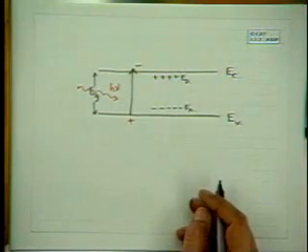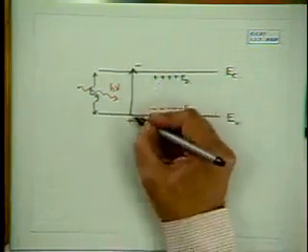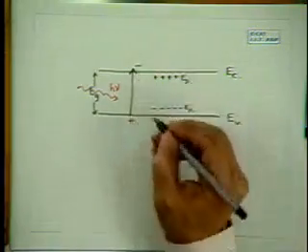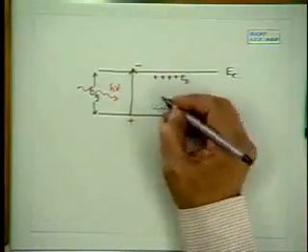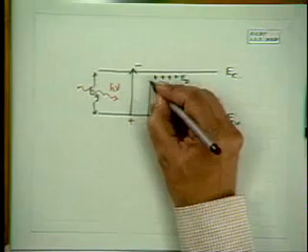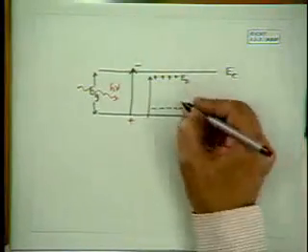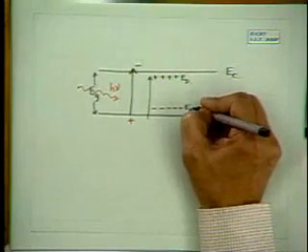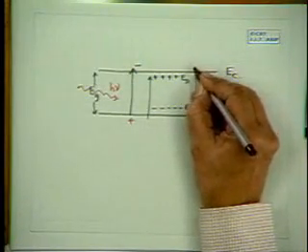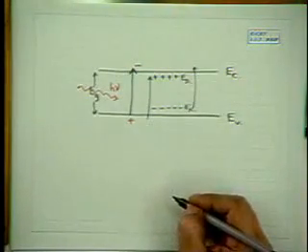So, just before the onset of direct band-to-band transitions, one can have absorption from the valence band to a donor level, or we can have absorption from the acceptor levels to the conduction band.